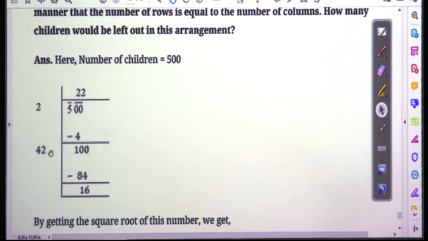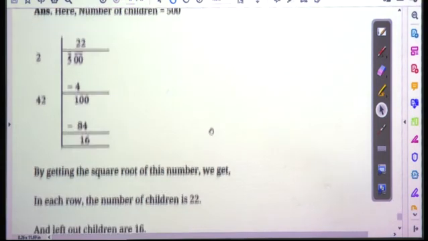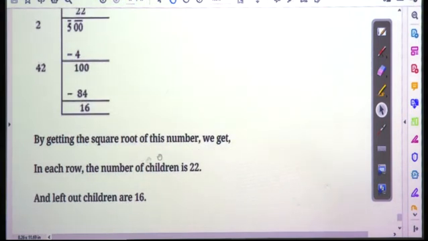We are attaching the digit 2. 42 twos are 84, because 43 threes will go above 100. How much is remaining? 16 is remaining. The remainder is 16. So in each row the number of children is 22, and 16 children are left out.